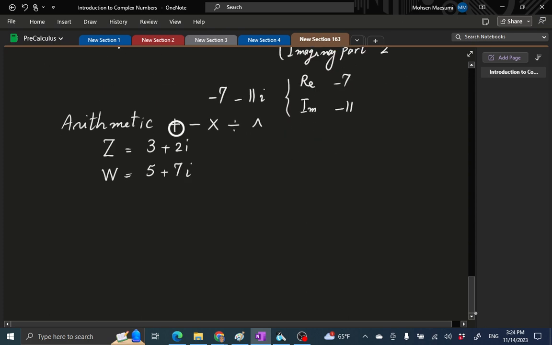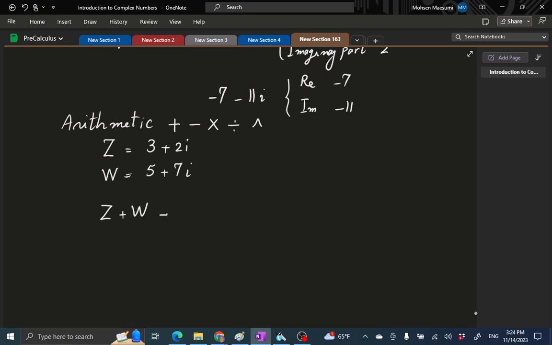Well, let's start with the easiest. What about addition of complex numbers? It's very simple. We add the real parts, add the imaginary parts, so 8 plus 9i. So that was easy. How about subtraction? It is just as straightforward. Take the real parts and subtract them. 3 minus 5 is minus 2. 2 minus 7 is minus 5. So no issues there.